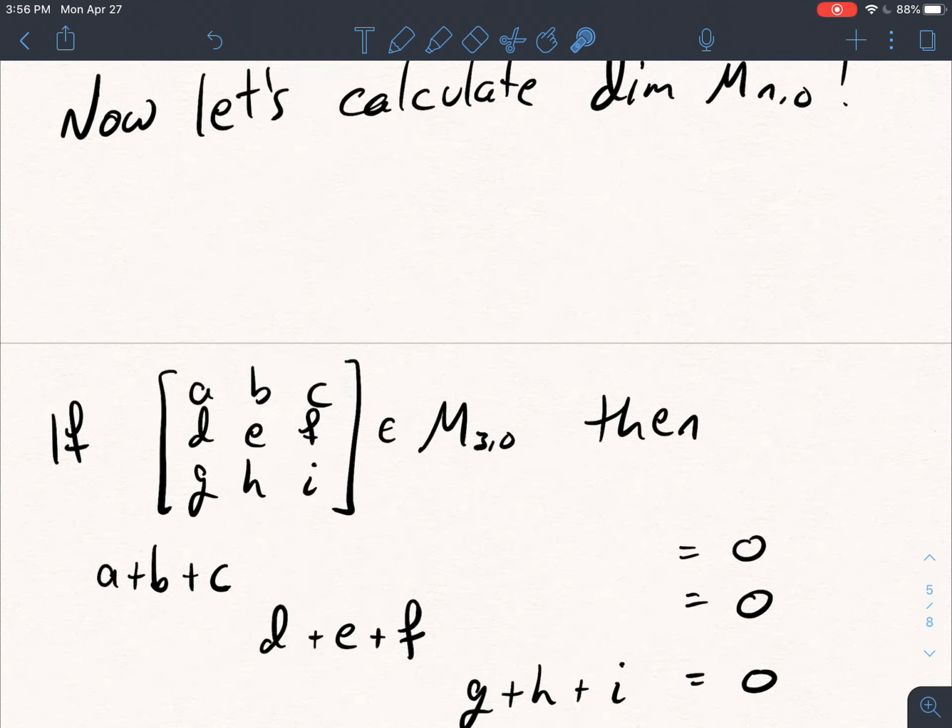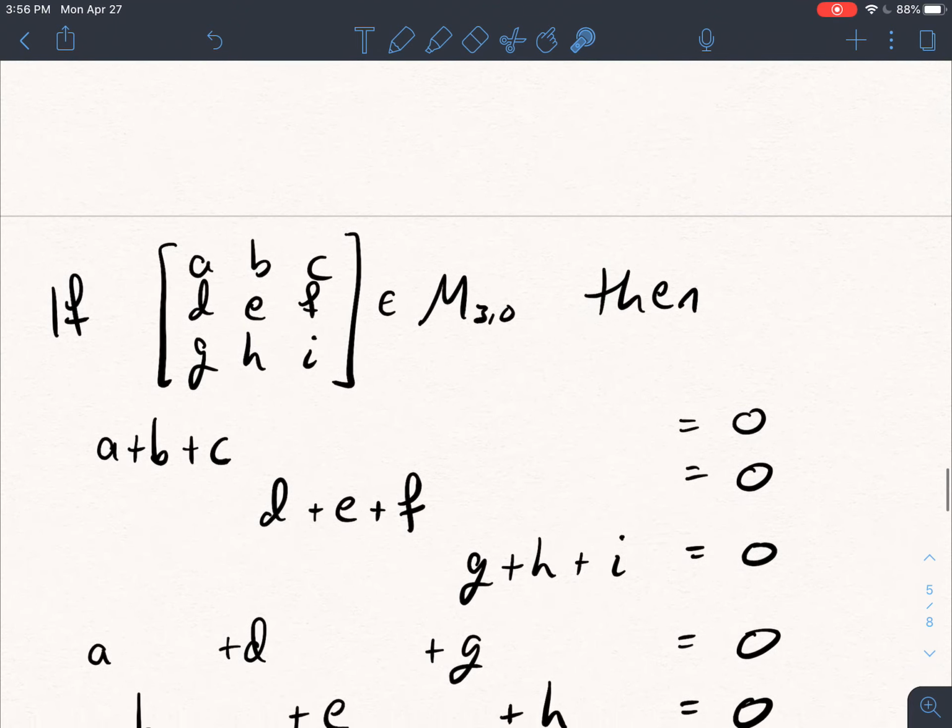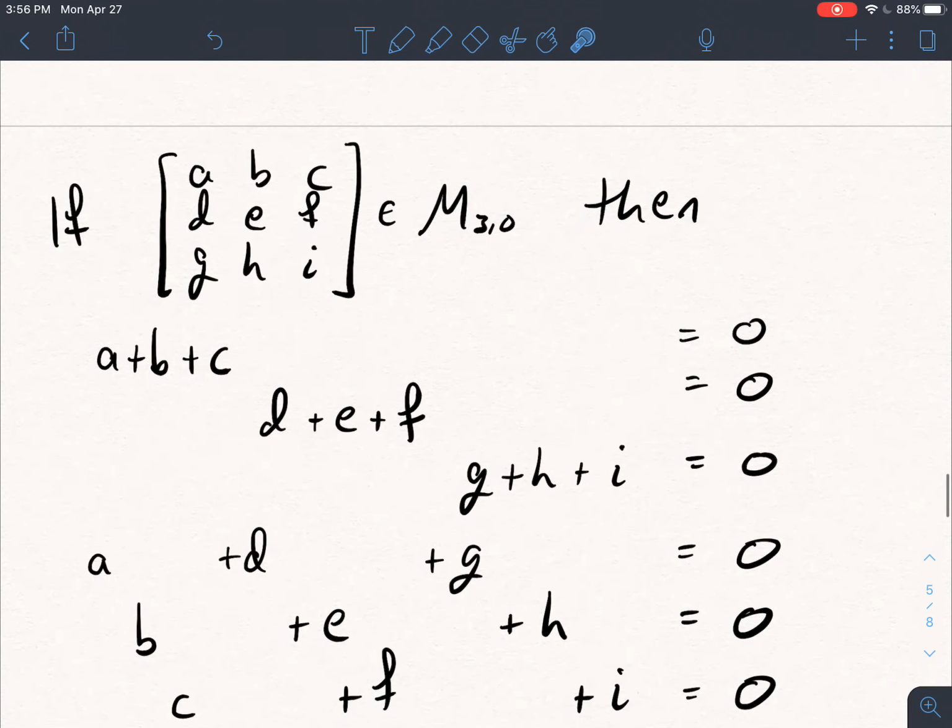Each row has to add up to 0, the magic number. So a plus b plus c, d plus e plus f, and g plus h plus i all have to add up to 0.